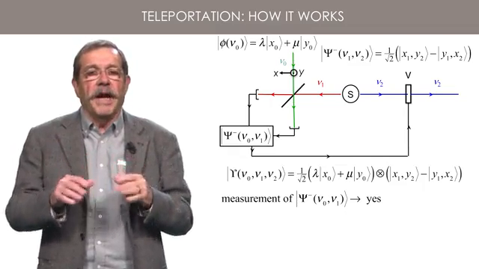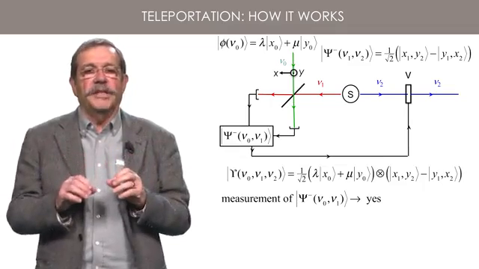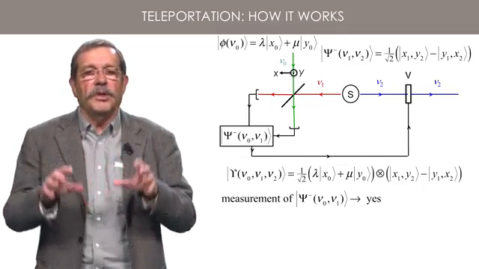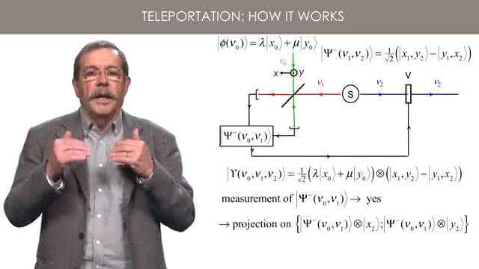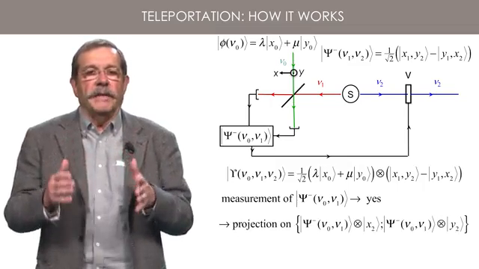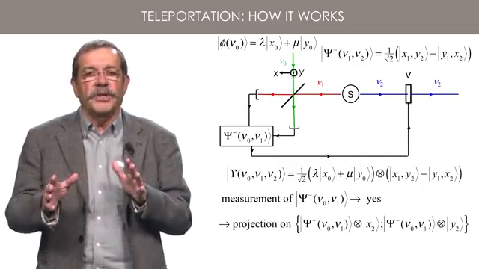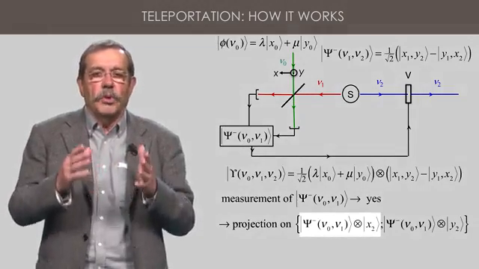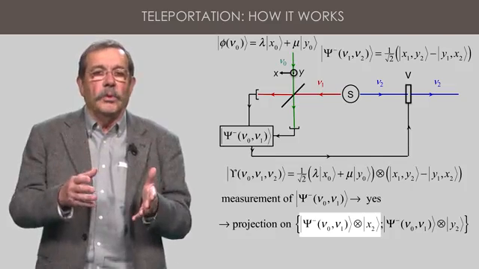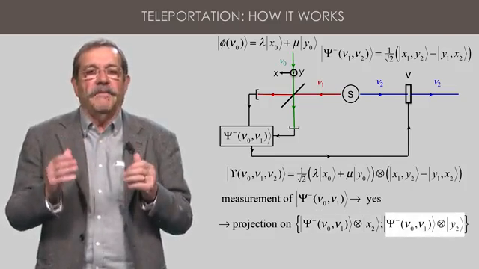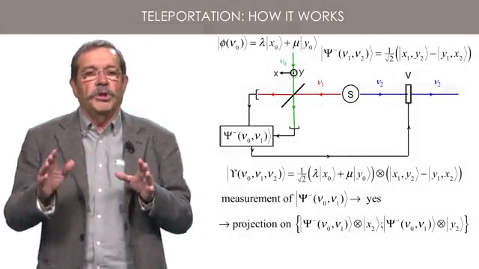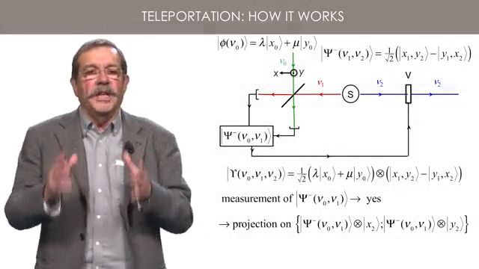It is obtained by projection of the initial state onto the eigenspace associated with the result of the measurement. That space is spanned by the two state vectors that are tensor products of psi minus of nu0, nu1 by x2 or y2 respectively.